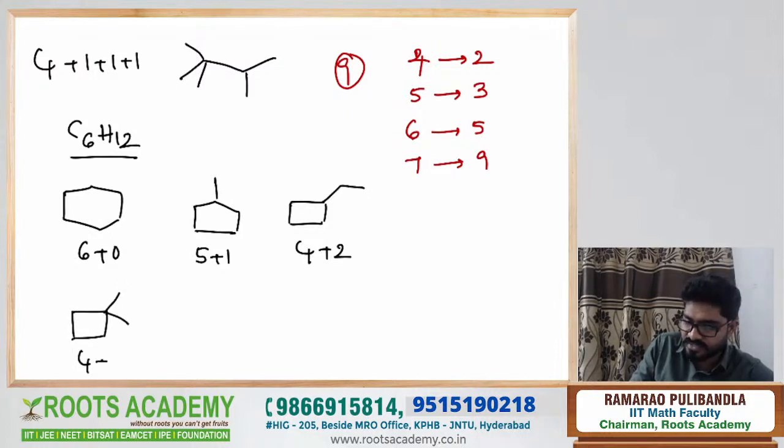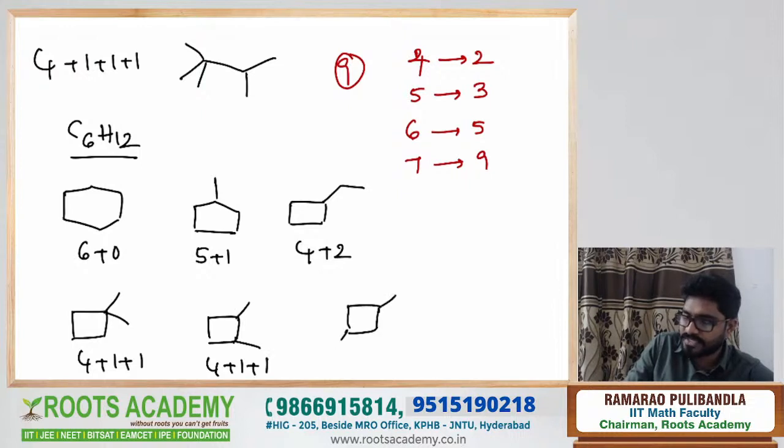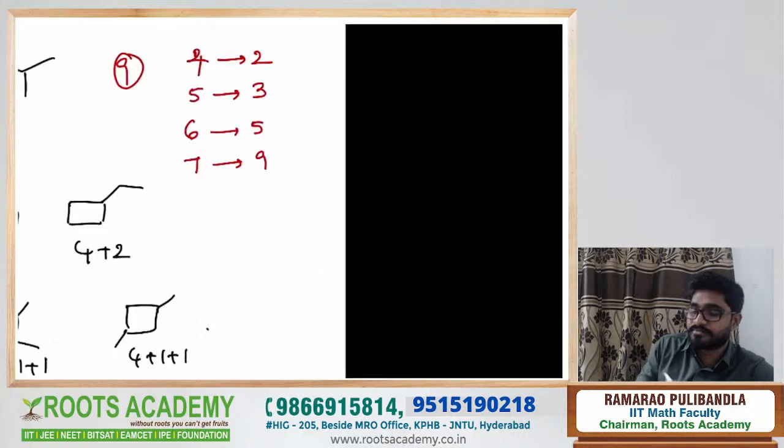I can also write this one, 4 plus 1 plus 1. One more, 4 plus 1 plus 1. These are all the possibilities, guys. Till now how many we got? 6 we got. And we have still one more, the three-membered ring, no?